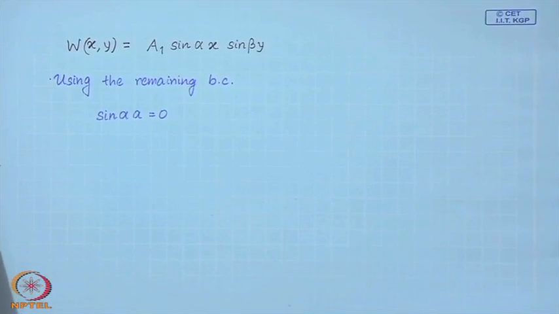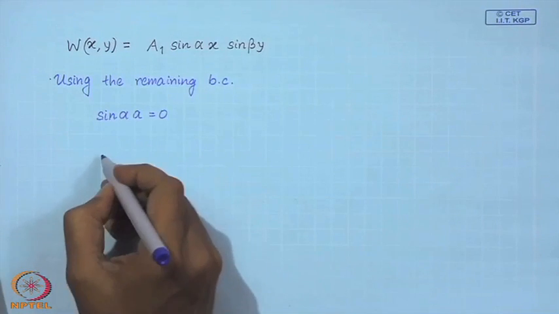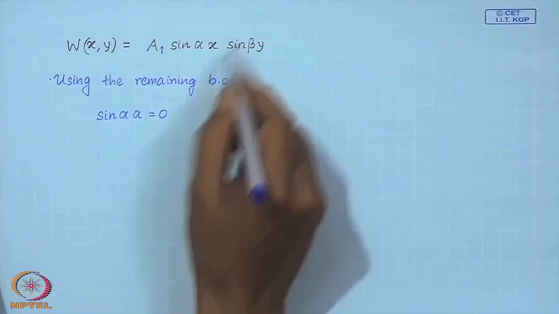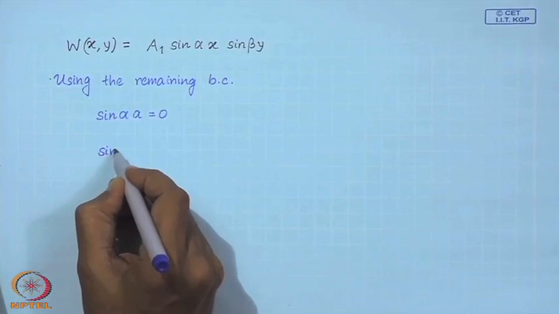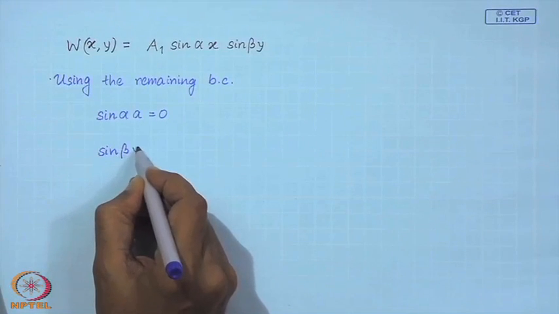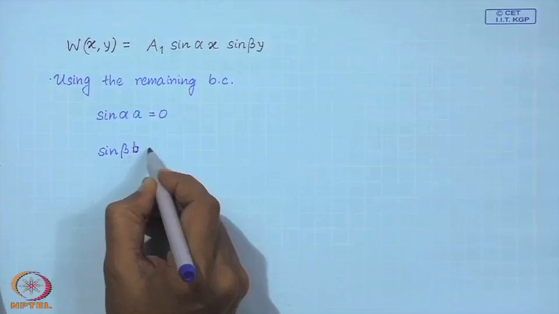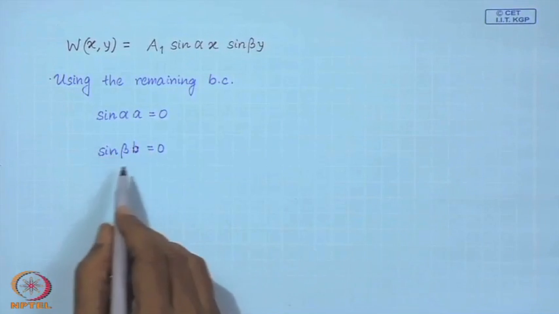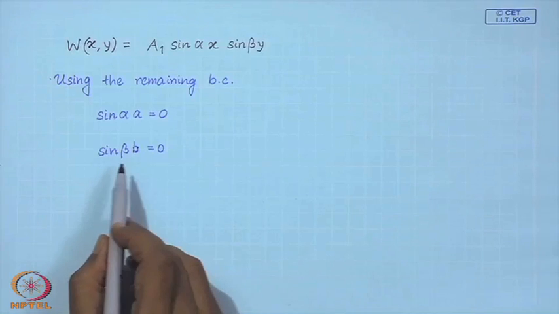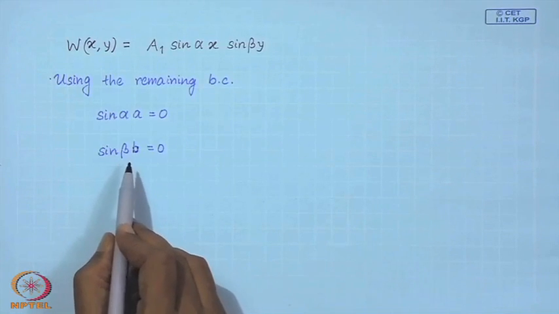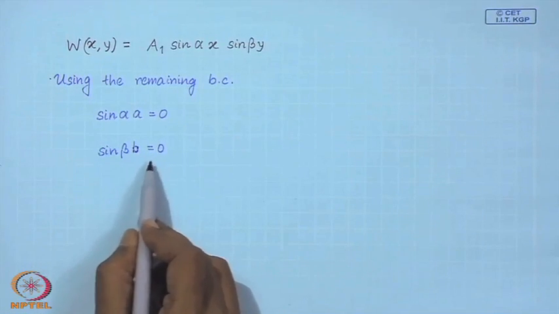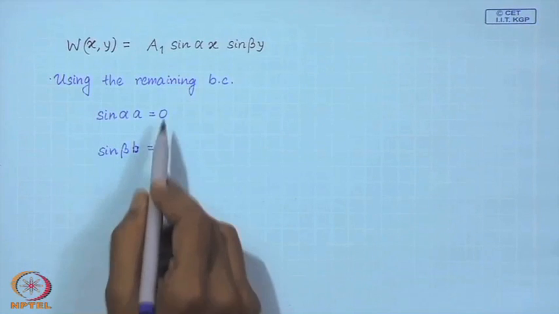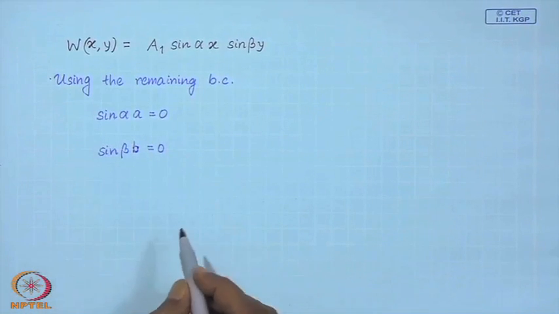So, then you have this condition, and you have another condition similarly, sine beta b must be equal to 0. So, this is for w at y equal to b and w double dot at y equal to b vanishing. So, that will give us this condition.